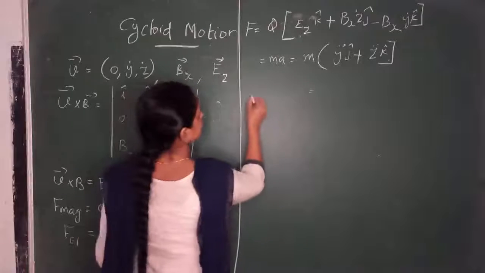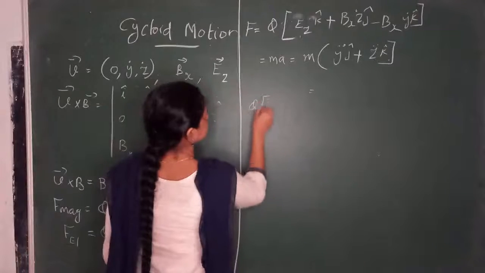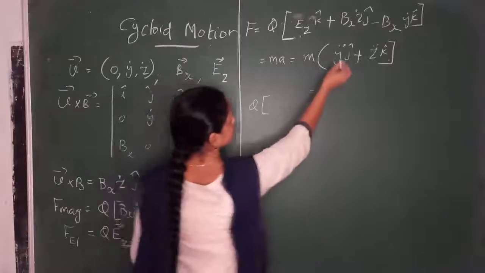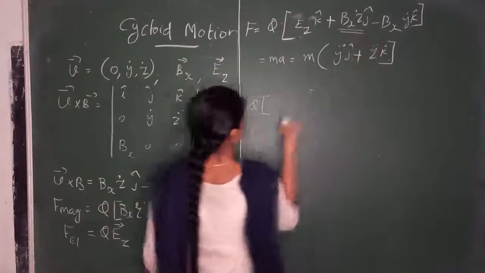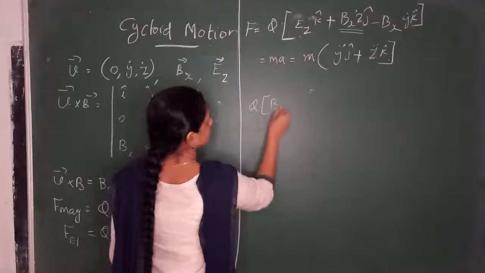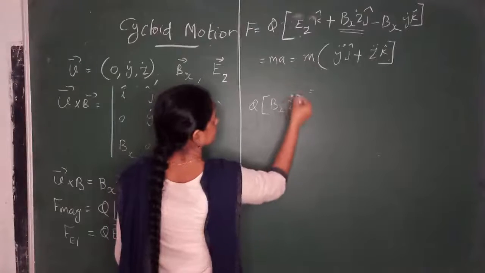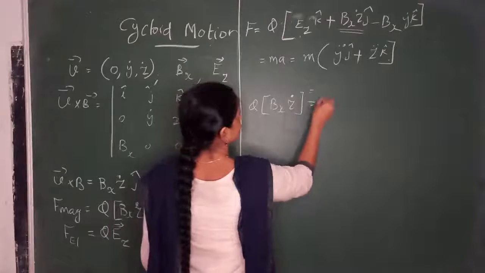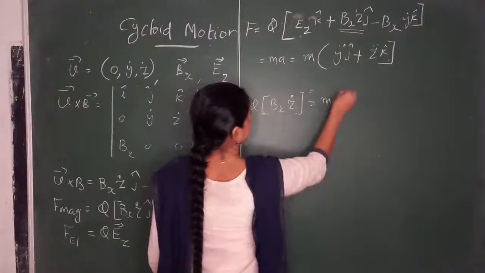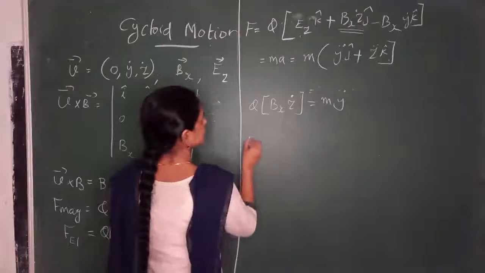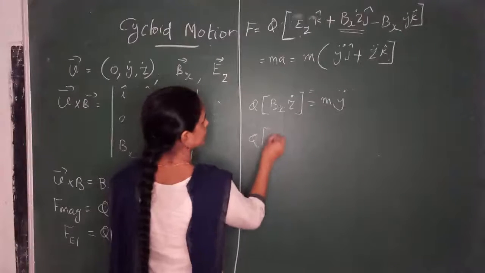That is Q into what is the j component? The j component is here only one component, that is Q into Bx z dot, which is equal to m y double dot. And Q into what is the k component?